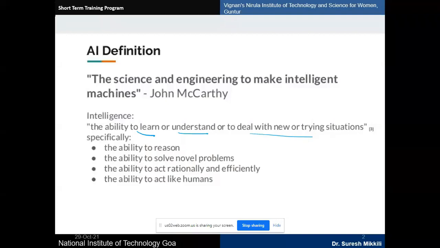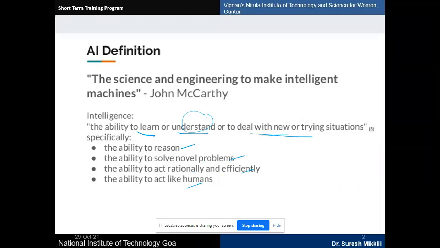If you design any AI based system, it learns first. We will give the training to the system. So it will understand and deal with new situations. Whenever you give the command, it will try with the situations. That means it has the ability to reason, ability to solve problems, ability to act rationally.